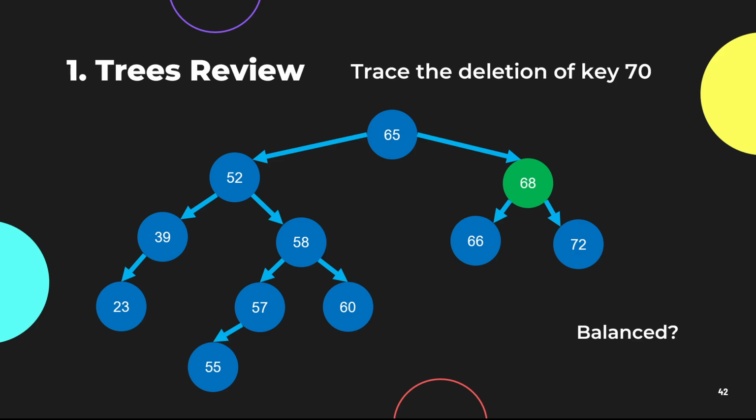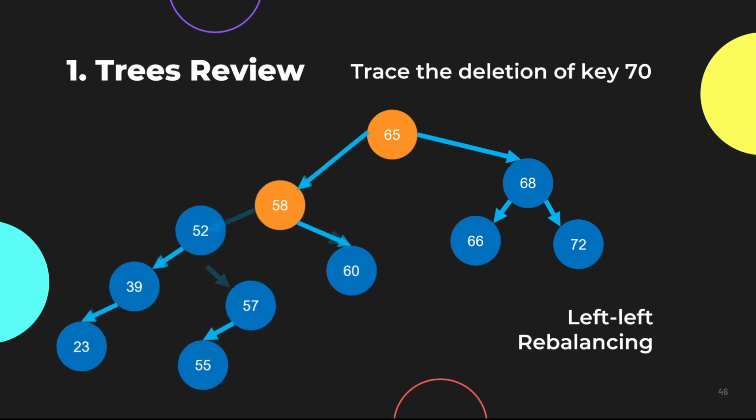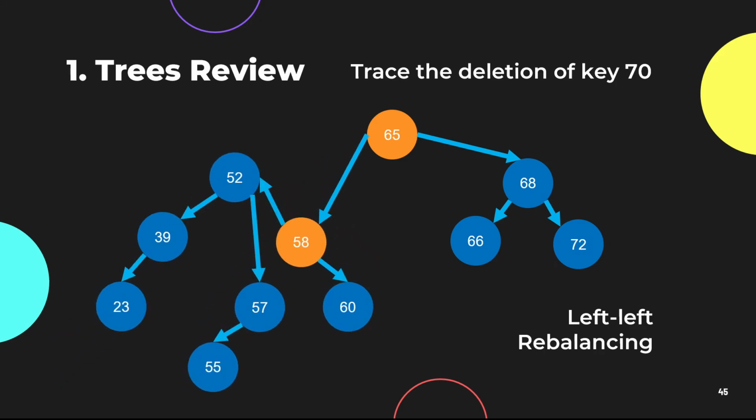So this is very left heavy, so we're going to rotate this such that this node becomes your new root. When I do right rotation, I will take 52 as my new root. Oh sorry, I think I did something wrong.